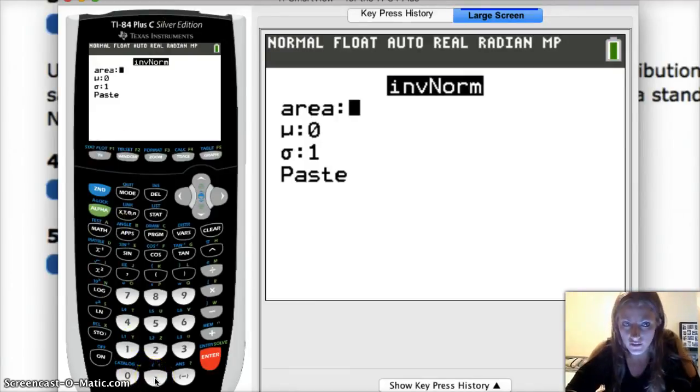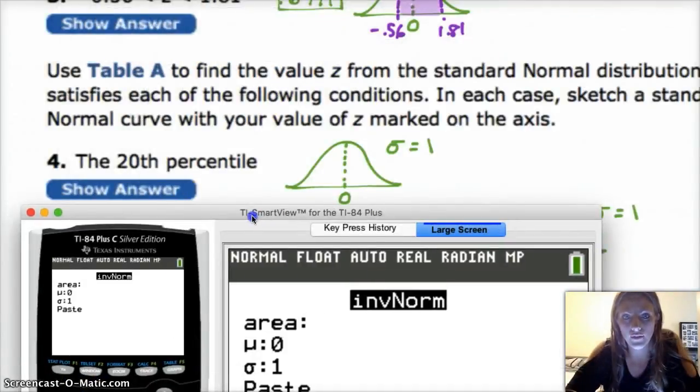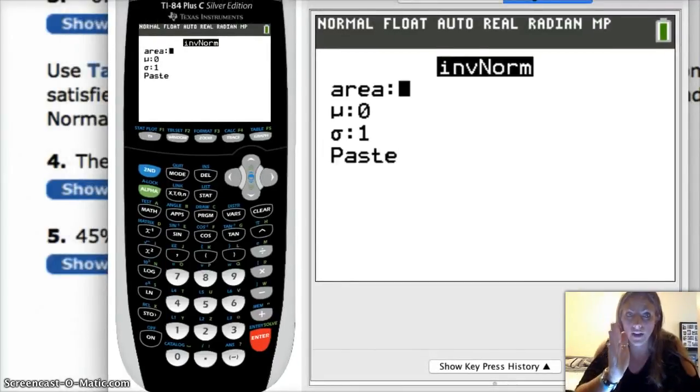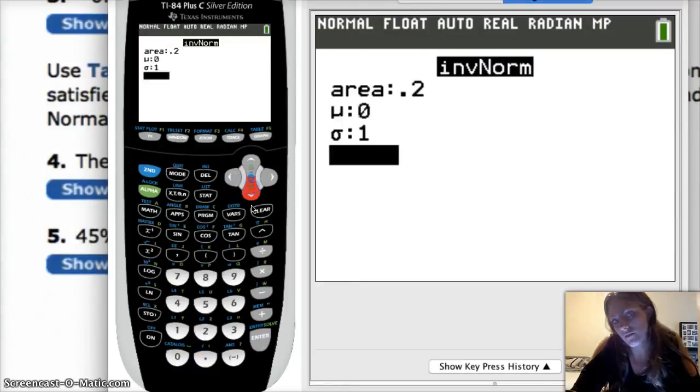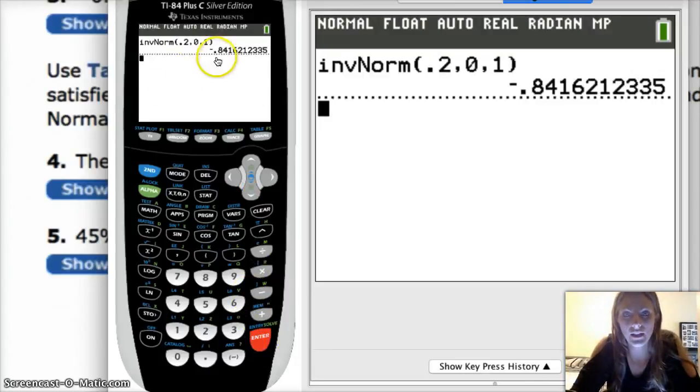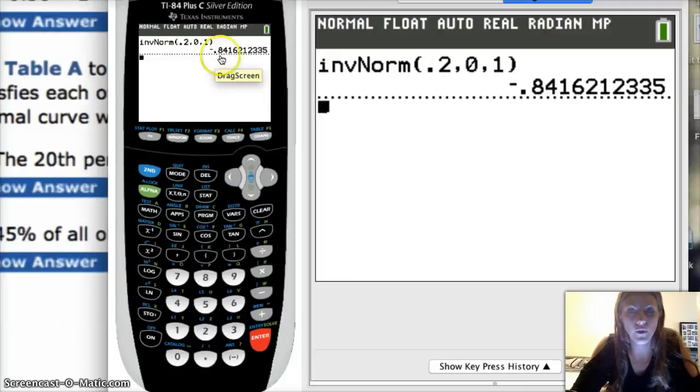The area under the curve that you want. In problem 4, we want the 20th percentile, which means we want the area below our value to be 0.2. So we put in 0.2 as our area, on the standard normal curve, mean and standard deviation, paste, hit enter, and you get negative 0.8416. So the answer to number 4 is that.